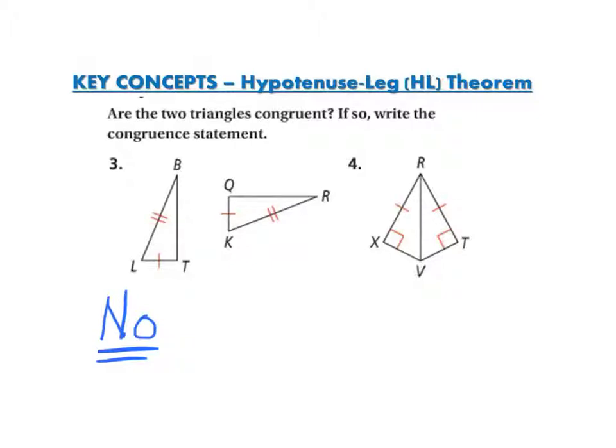We have one leg, and we have the hypotenuse, and because it's the same line, then it is congruent. So I have triangle XVR congruent to TVR.